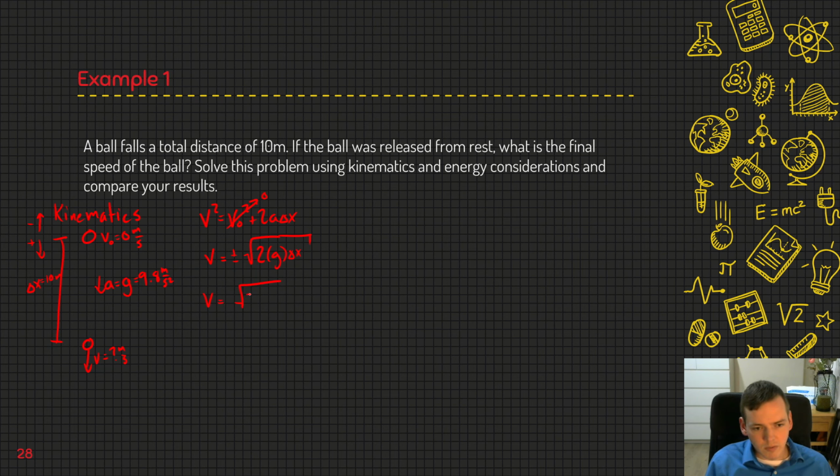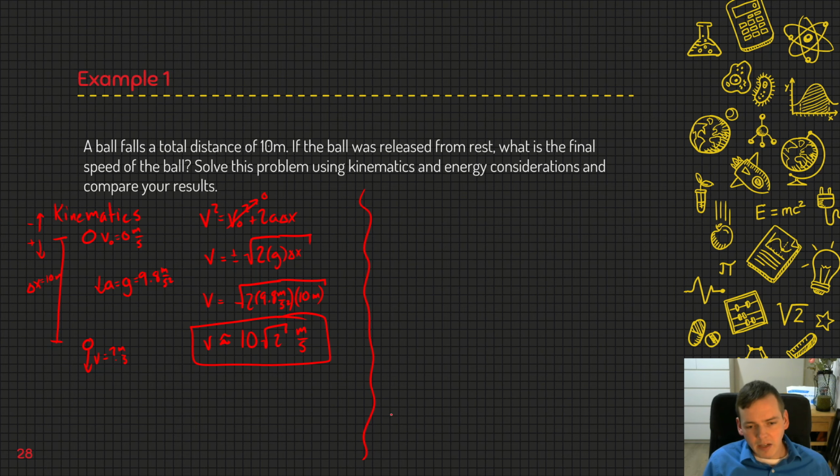Square root of 2 times 9.8 meters per second squared times delta x of 10 meters. So that's going to be roughly 200. So v is about 10 square root 2 meters per second. I put those backwards because it's about 100 times 2.